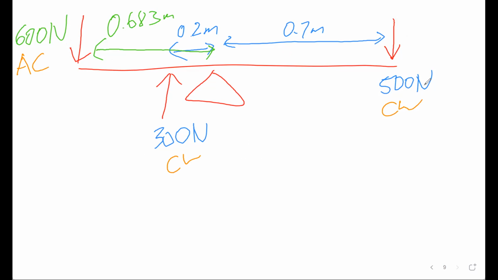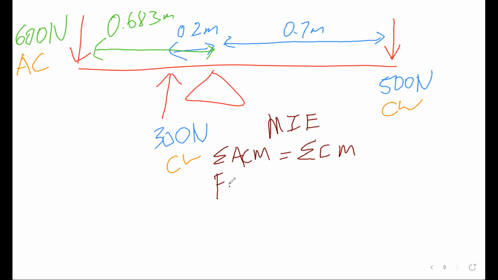So from here, yet again, you write down the equation first. The equation will always be moments in equilibrium, which states that the total anti-clockwise moment must be equal to your total clockwise moment. From here, anti-clockwise got how much?